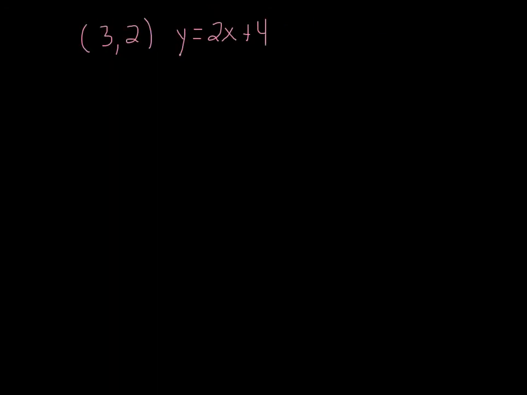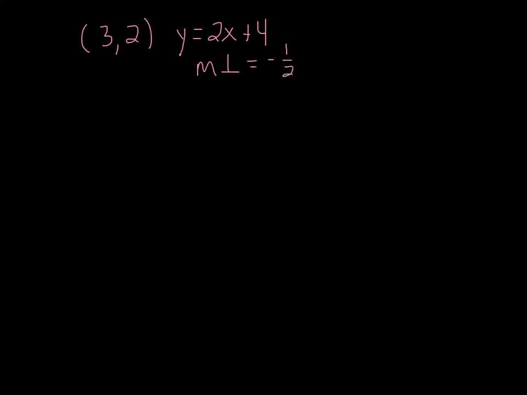Okay, so here we go. We have the point (3, 2) and the line y equals 2x plus 4, and they want us to give them an equation of a line that's perpendicular to this one. So the slope of our perpendicular line is the negative reciprocal of 2, so we're going to do negative 1/2.